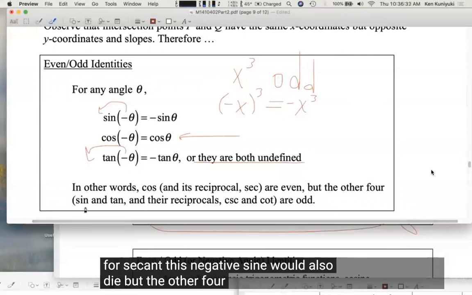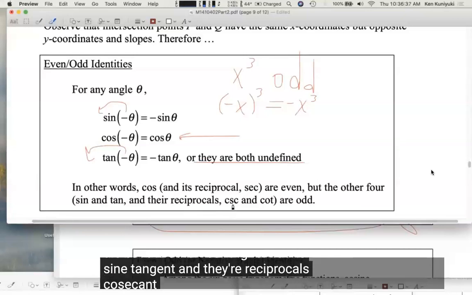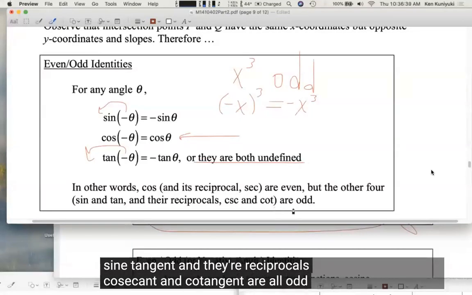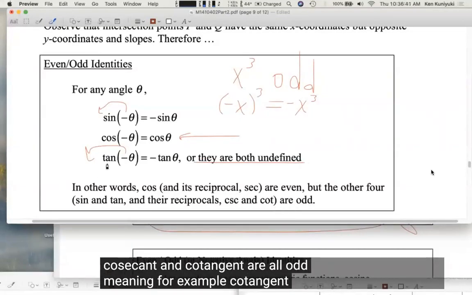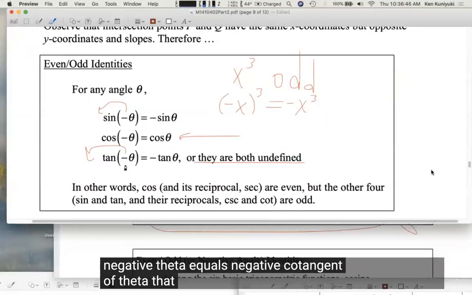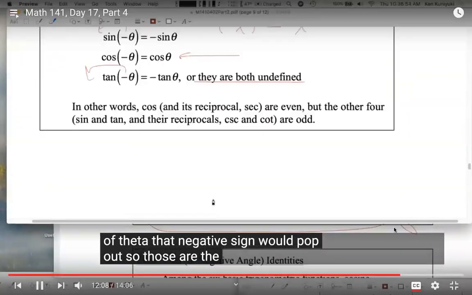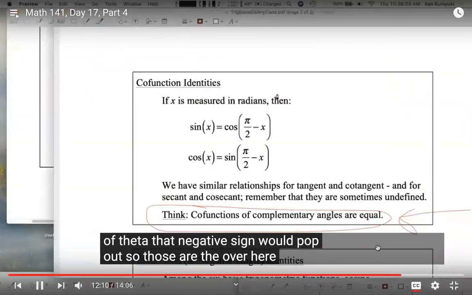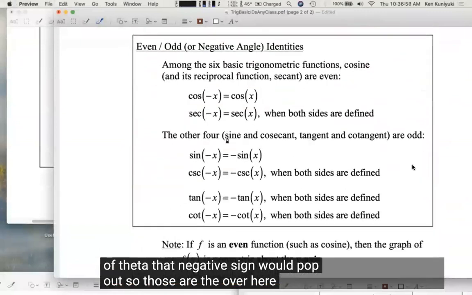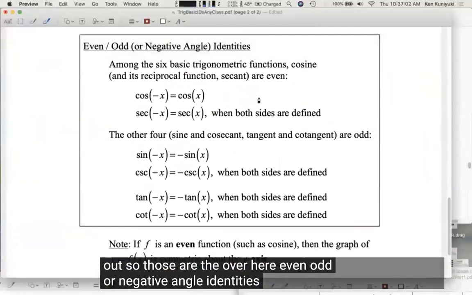But the other four trig functions, sine, tangent, and their reciprocals, cosecant and cotangent, are all odd. Meaning, for example, cotangent of negative theta equals negative cotangent of theta. That negative sign would pop out. So those are the even, odd, or negative angle identities.